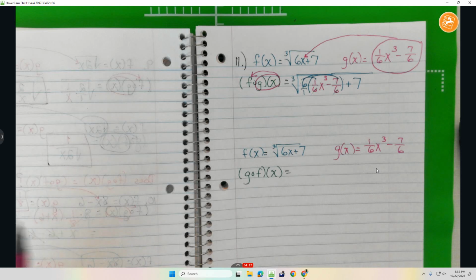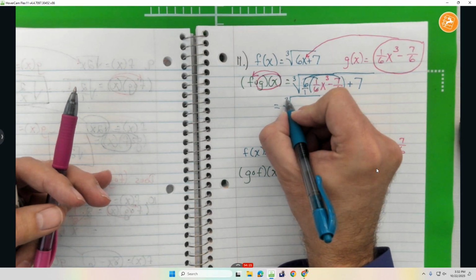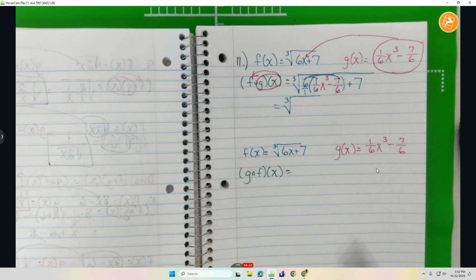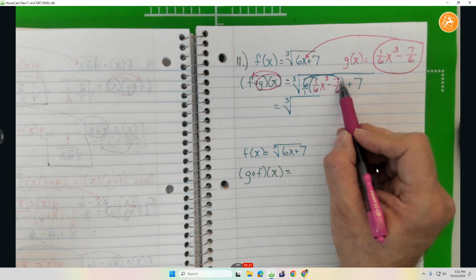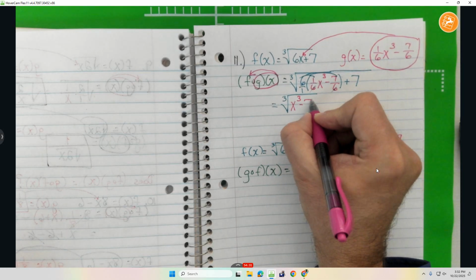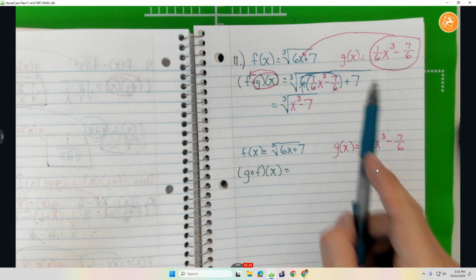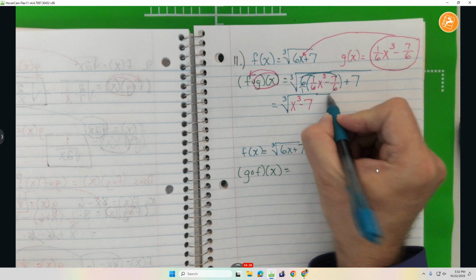So what's left there is just the pink x to the third and the pink minus 7. But we still have the blue plus 7 there.